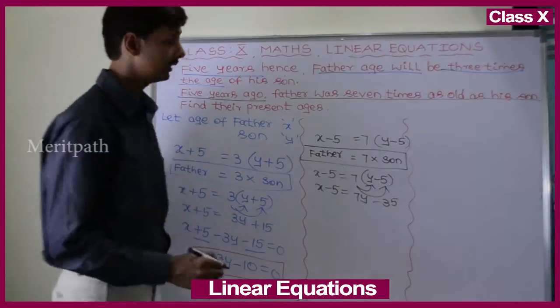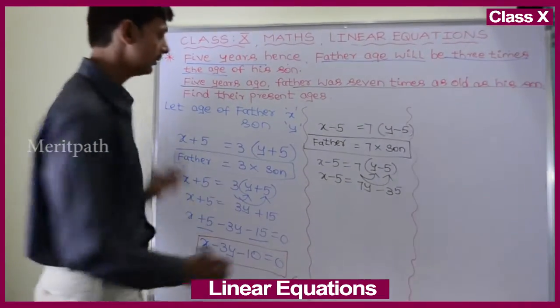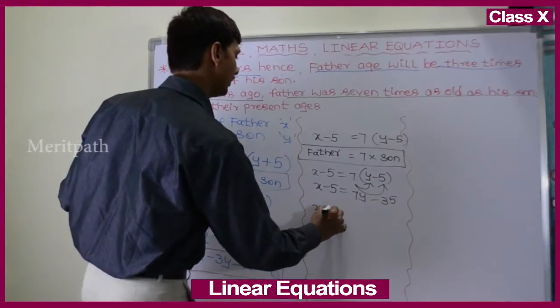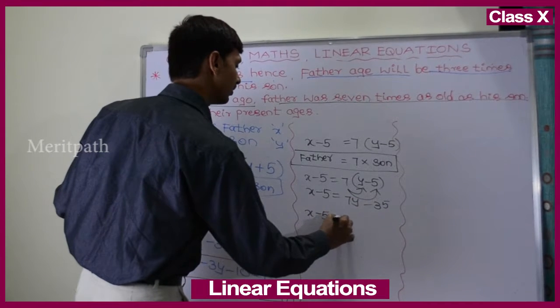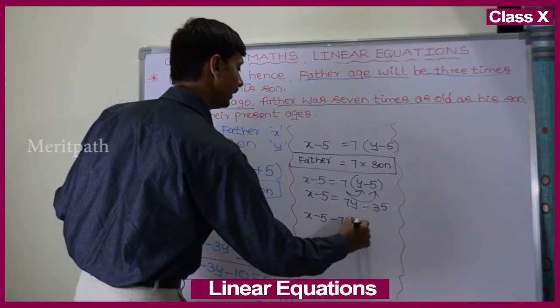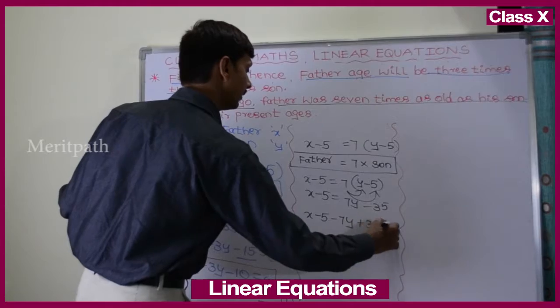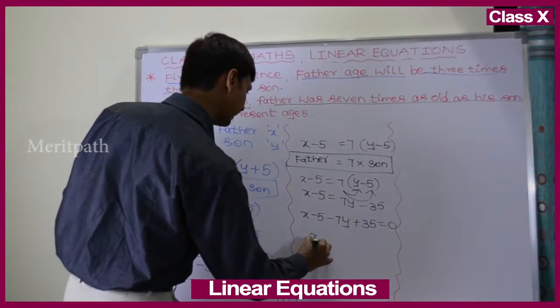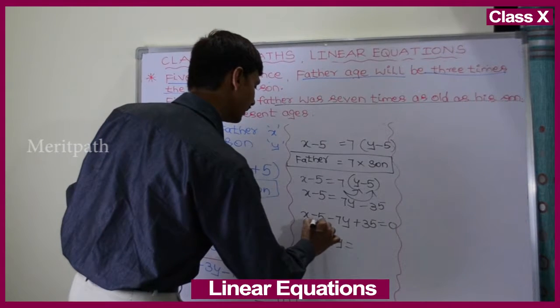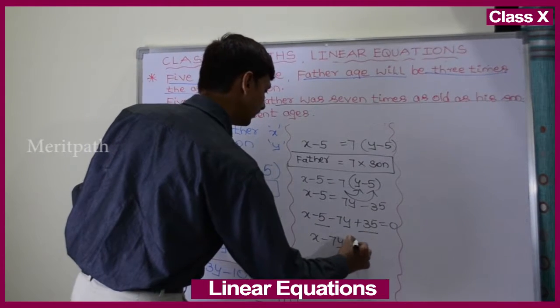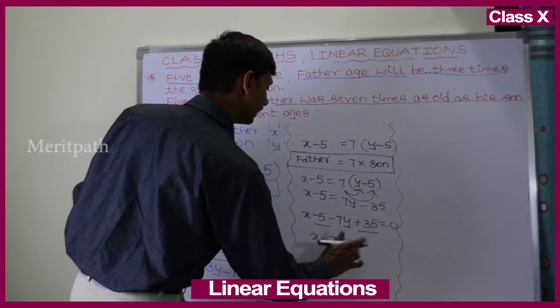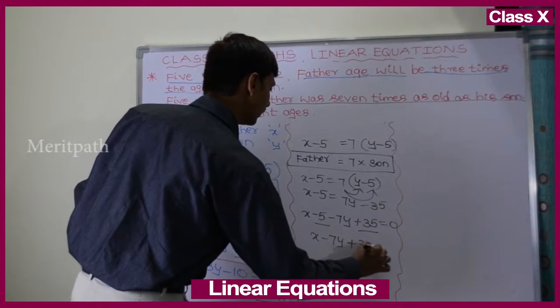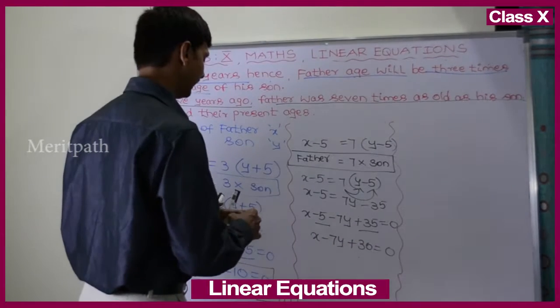We will transpose these two values: 7y becomes minus 7y, minus 35 becomes plus 35, equals 0. Let us simplify this part. x minus 7y equals minus 5 plus 35, that is plus 30, equals 0. Here is the second equation.